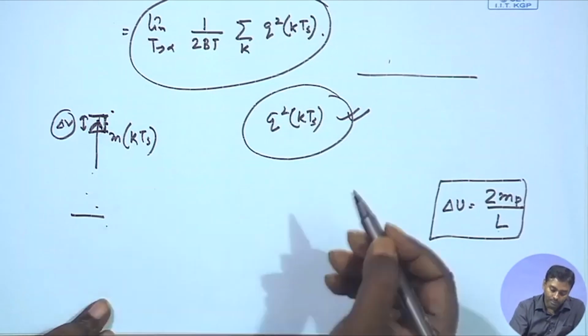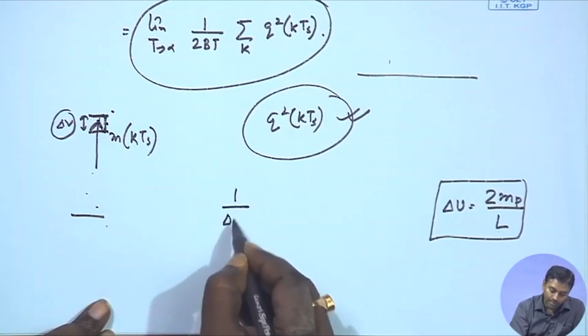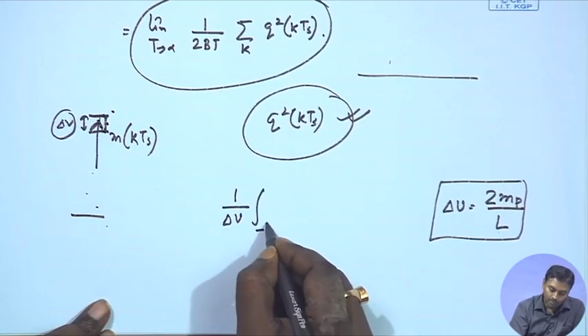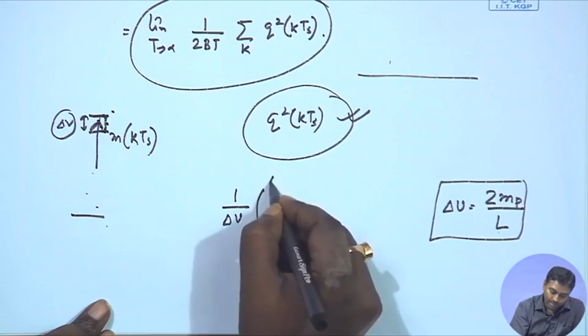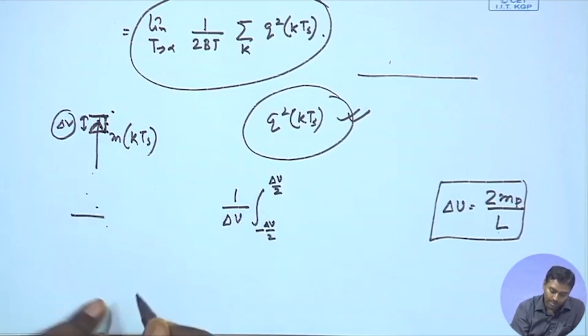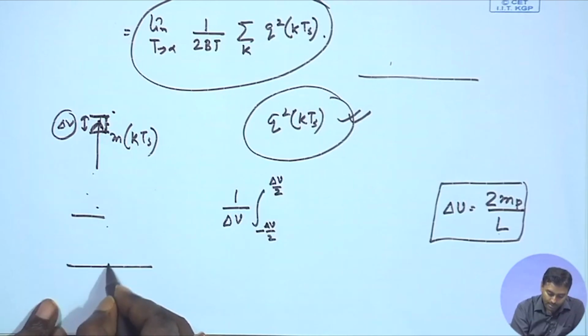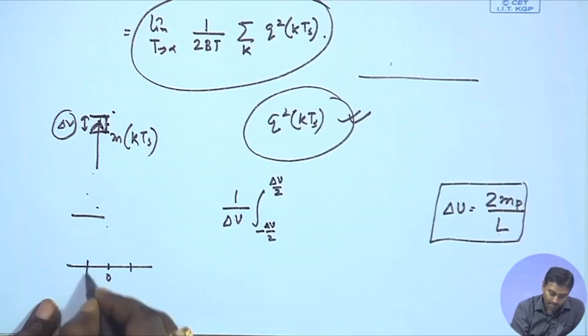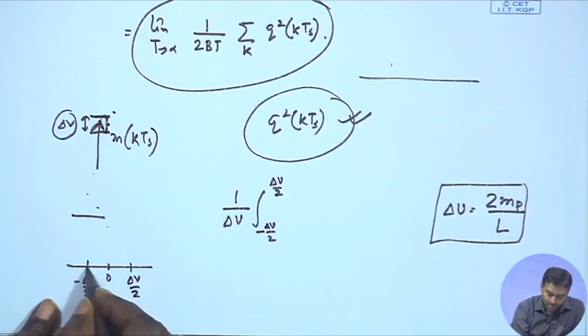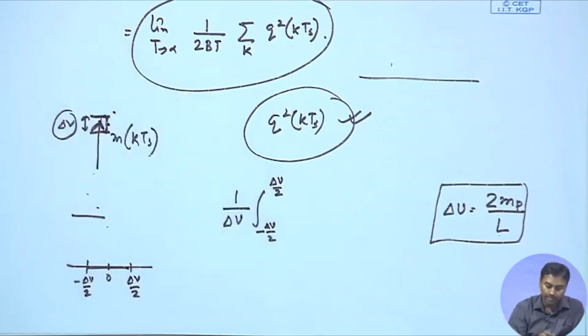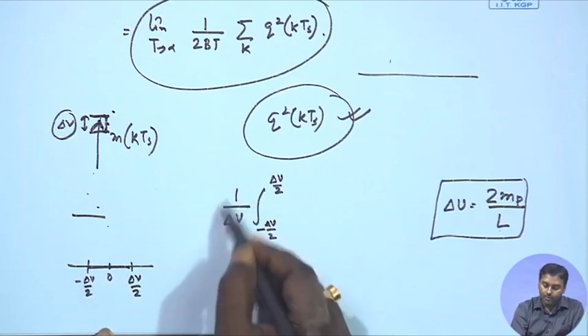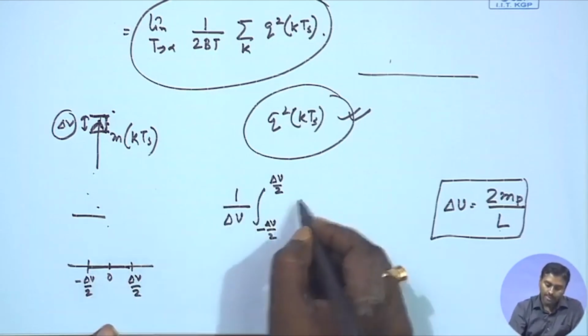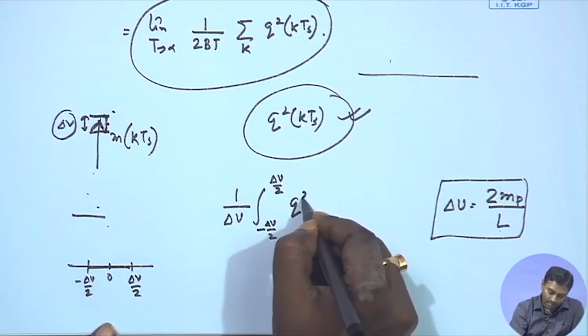So, if it is uniformly distributed, the PDF should be 1 by del v, going from minus del v by 2 to plus del v by 2, because the middle point is the central point. So, this is 0, this is minus del v by 2, and this is plus del v by 2. So, this is that whole range which is being represented by this. Within this, the sample might lie uniformly distributed. So, that is why 1 by del v is its PDF, and then I have to take q square.